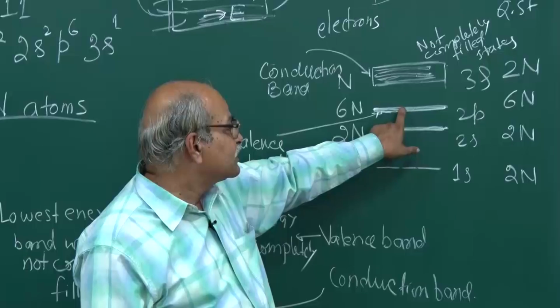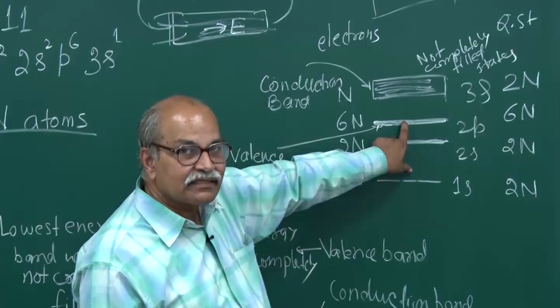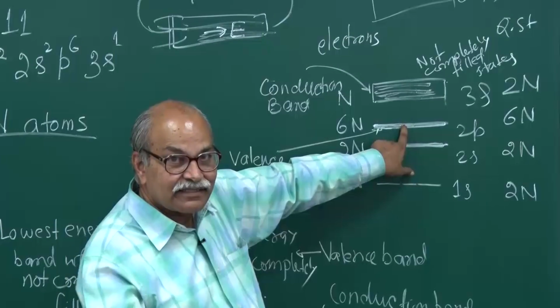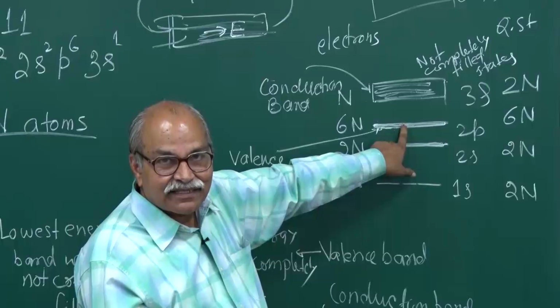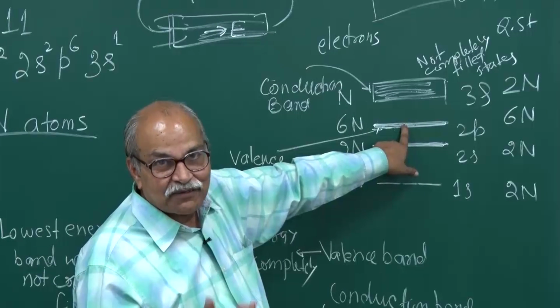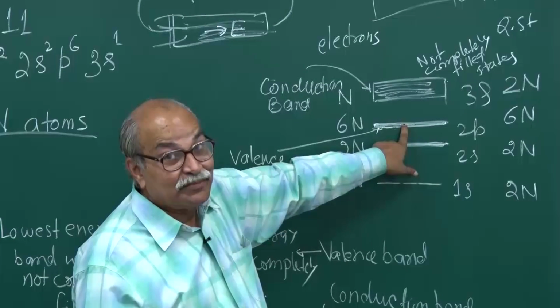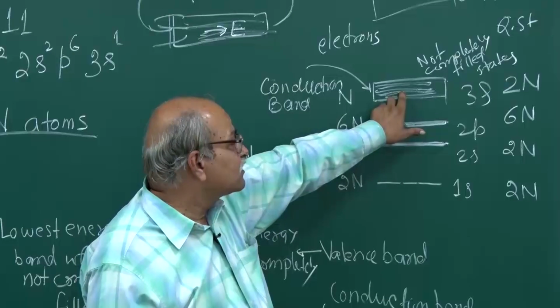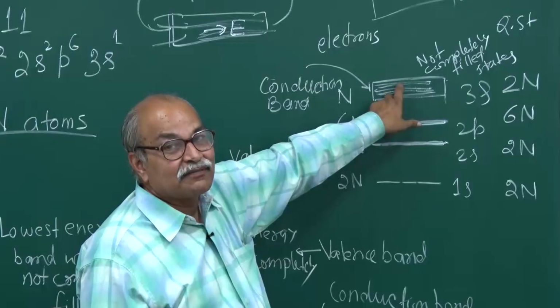Because if it accepts and tries to go to some other higher energy state, there is already an electron in that higher energy state, and the Pauli exclusion principle is there. No quantum state can have more than one electron, and therefore it cannot accommodate that. But here you have lots of empty quantum states.